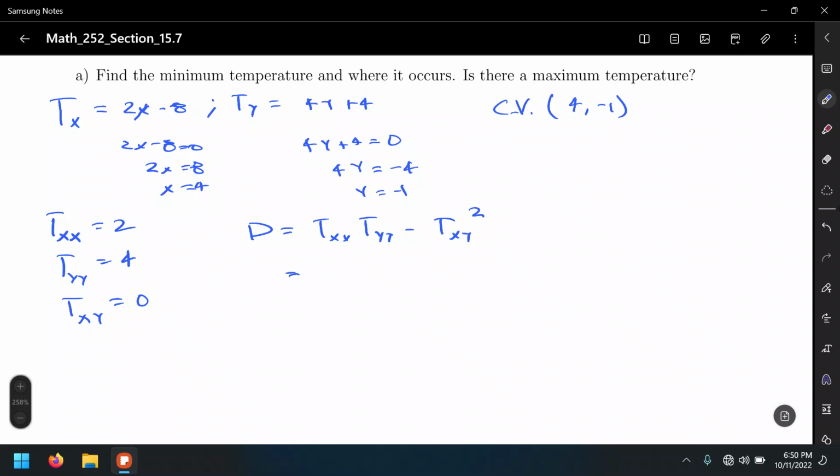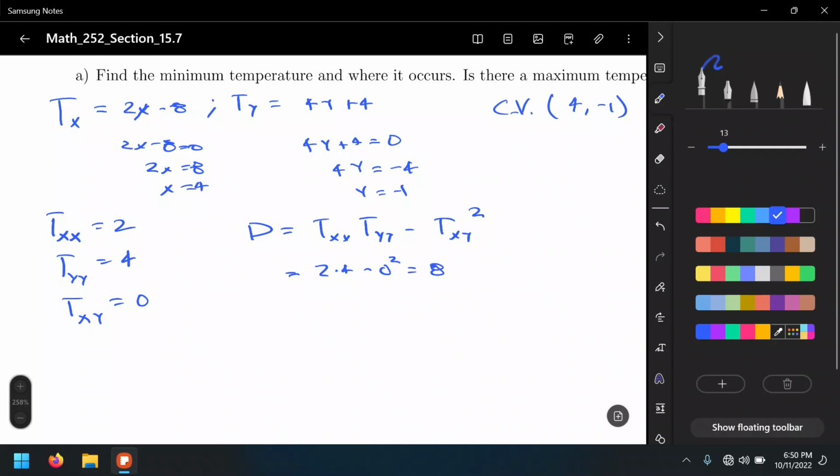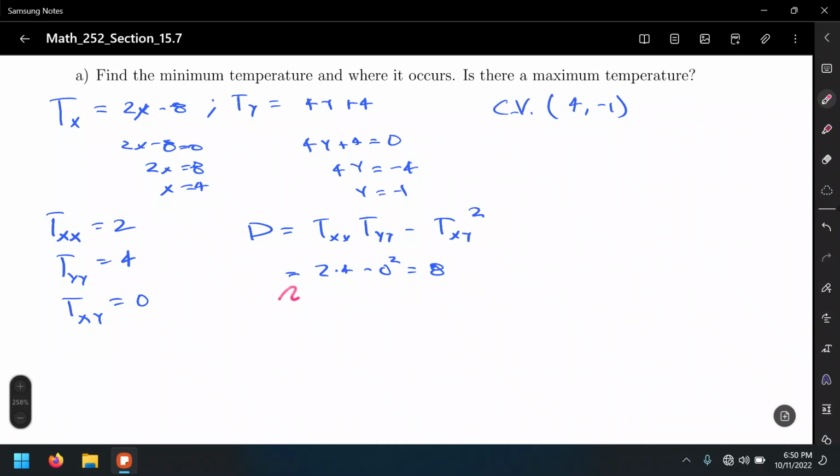In this case that's 2 times 4 minus 0 squared, that's 8. So what do we have? Number 1, D is greater than 0, it's a positive value, and t sub xx is also greater than 0. So in this case, isn't that a minimum? They were telling us about a minimum value, right?